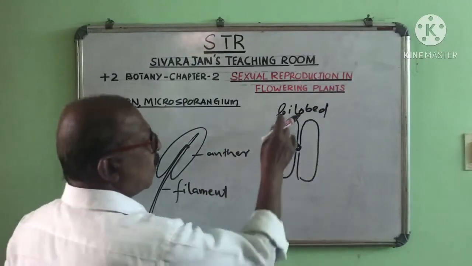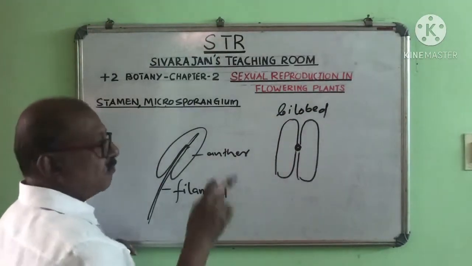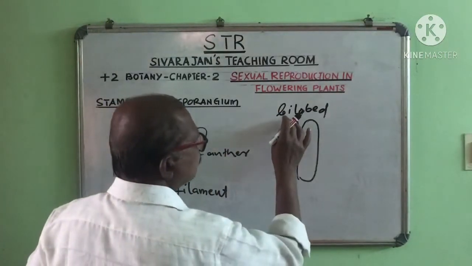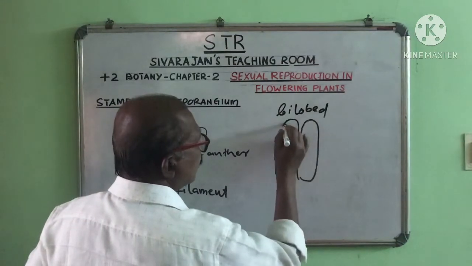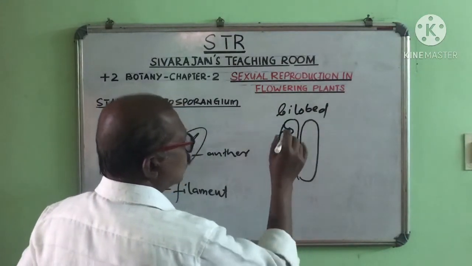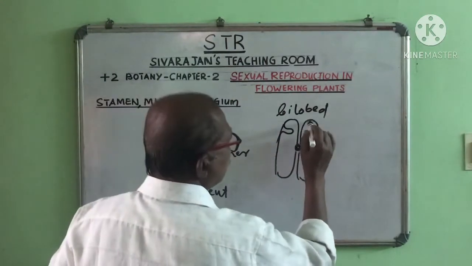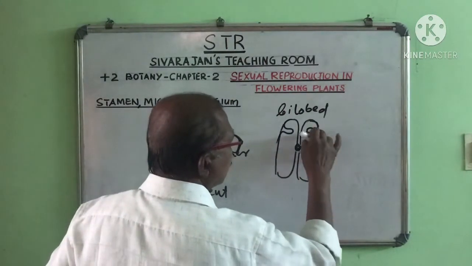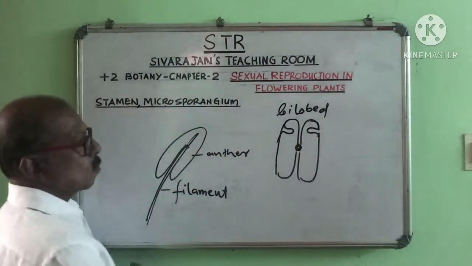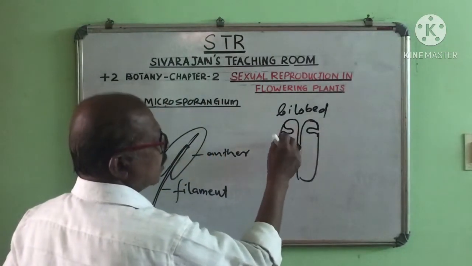And if you observe a lobe, we can see that it has two theca. Each lobe has two theca. This is one theca, this is another theca.